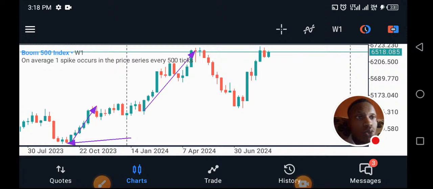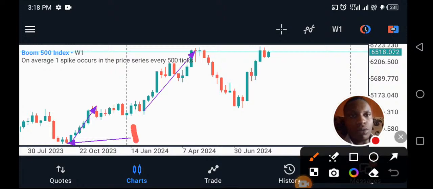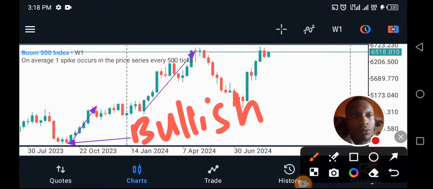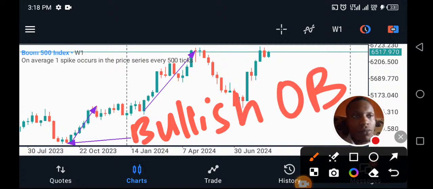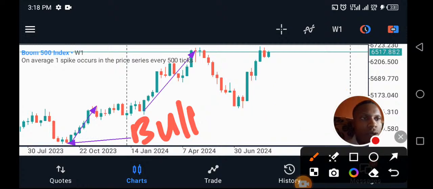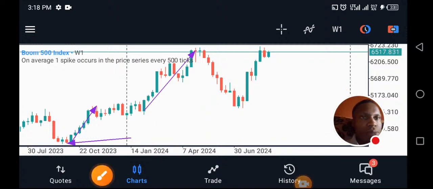So that is also our bullish order block. I will be referring to order block as OB here. And then let's look for a bearish order block now.